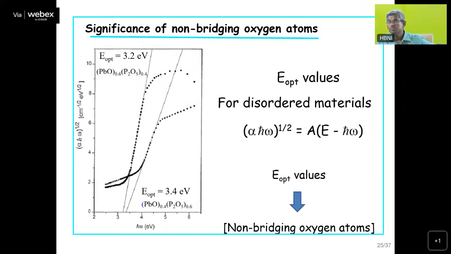If you record UV visible optical absorption spectra of glasses, we can get a plot, and from it we will be able to calculate the optical gap. One should not say the gap between valence band and conduction band; it is the gap between the ground state and excited state. That is called the E optical value of the glass.